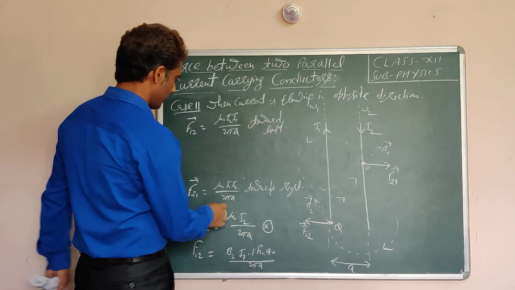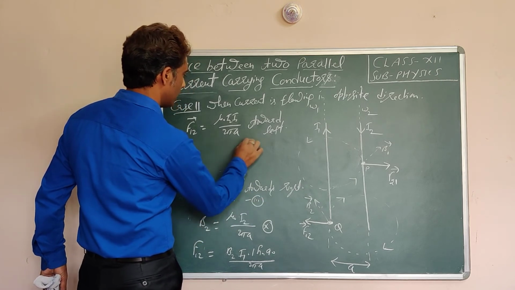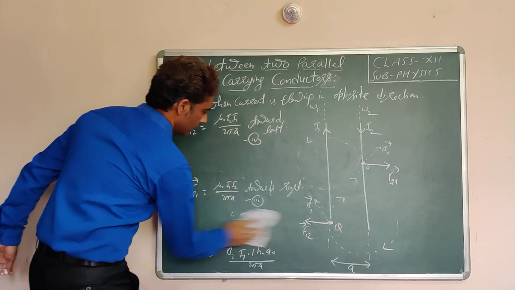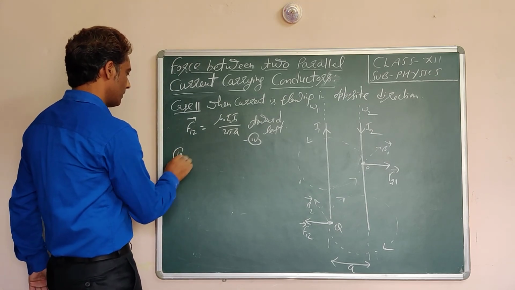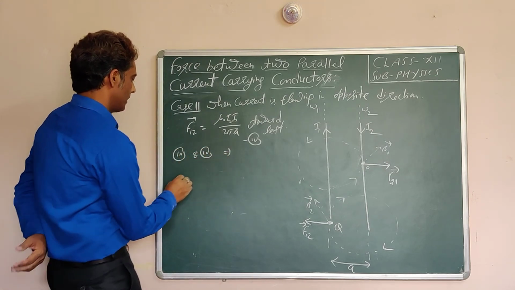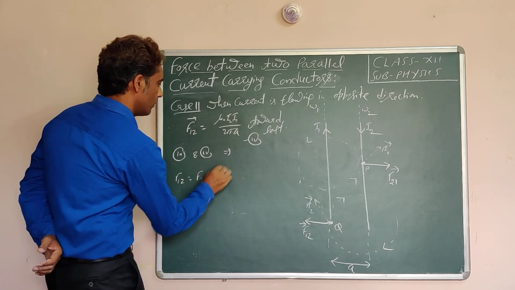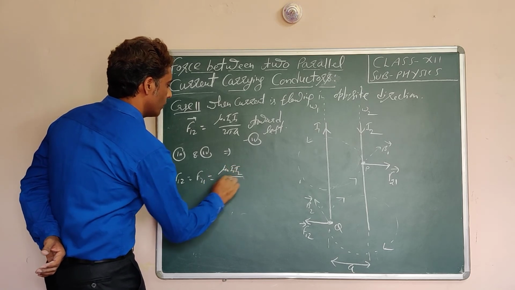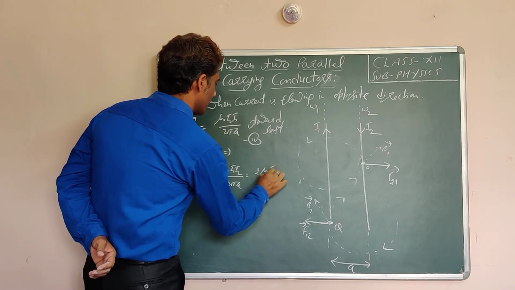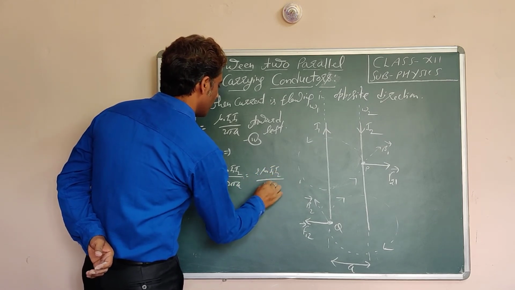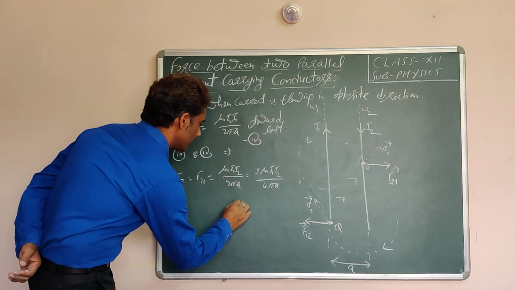So if I give it number 3 and number 4, then from 3 and 4 implies again F12 is equal to F21 is equal to mu naught I1 I2 over 2 pi a, that is equal to twice of mu naught I1 I2 over 4 pi a, and this force is repulsive in nature.